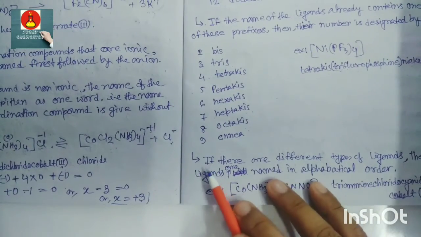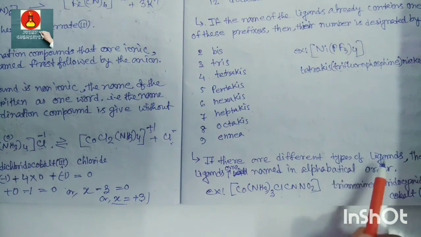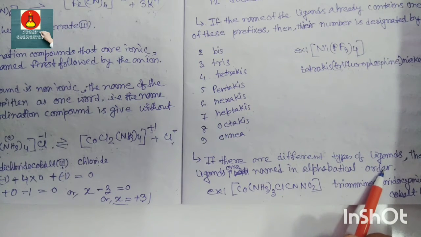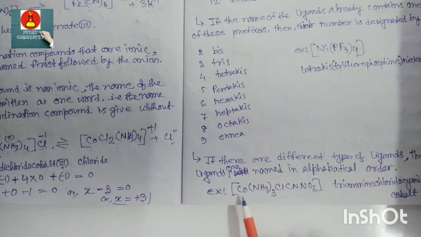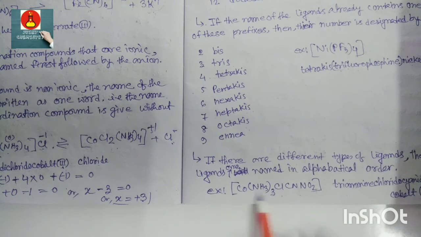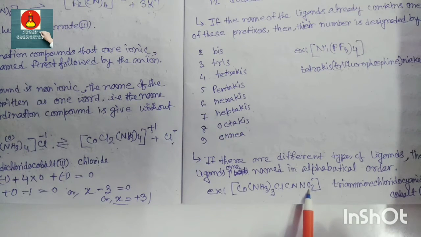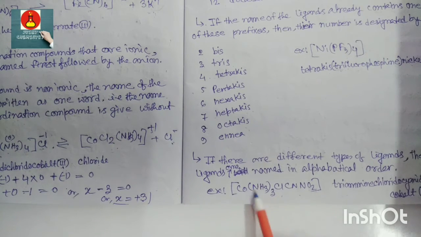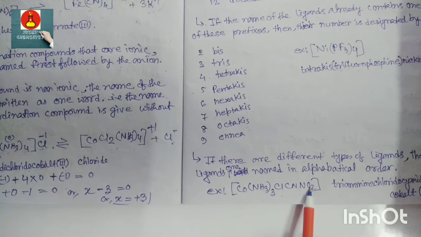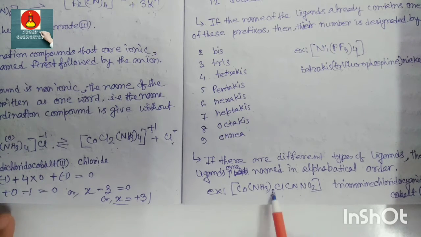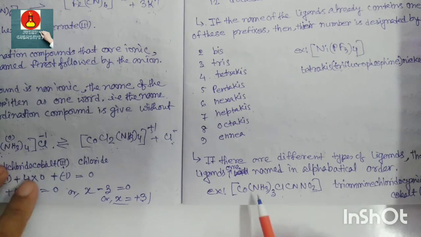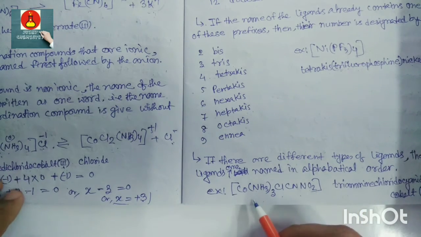Now the next rule is, if there are different types of ligand, these ligands are named in alphabetical order. Okay. For example, this cobalt complex, cobalt triammine, there are 3 ammonia, 1 chlorine, 1 cyanide, and 1 NO2, right? For this complex, as you can see, there are different types of ligands. So in this case we will name the ligands in alphabetical order. It means this ammonia starts with A, right?